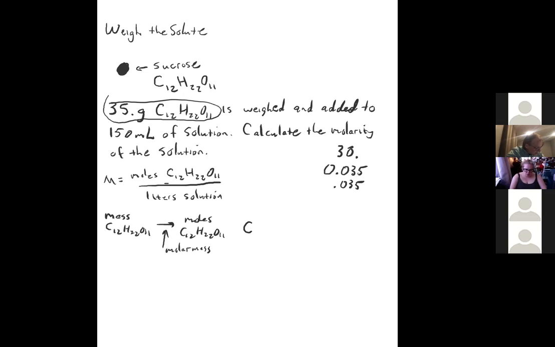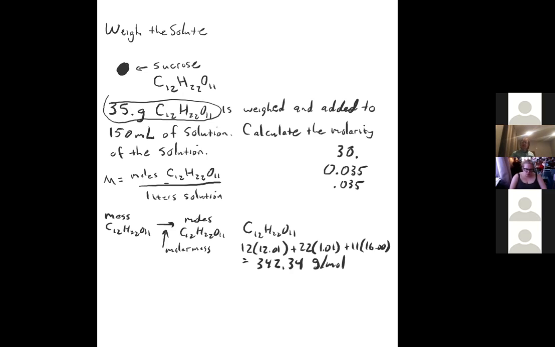We have C12H22O11. That's 12 carbons, 22 hydrogens, and 11 oxygens. So it looks like it's 342.34 grams per mole.